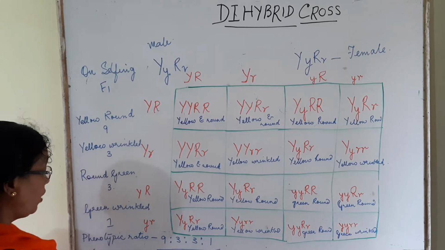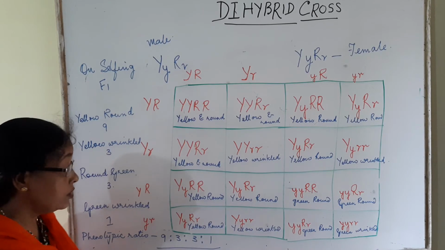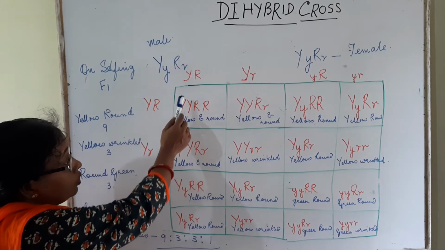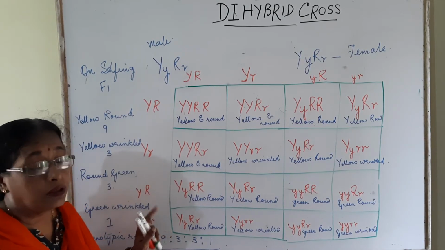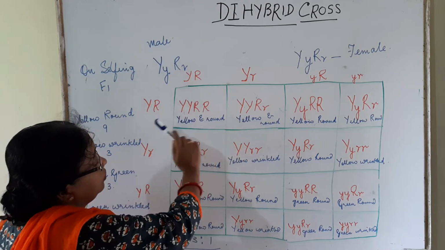So the phenotypic ratio that Mendel got was 9:3:3:1. So what you have to do is draw a Punnett square and then take the gametes and do the crossing.